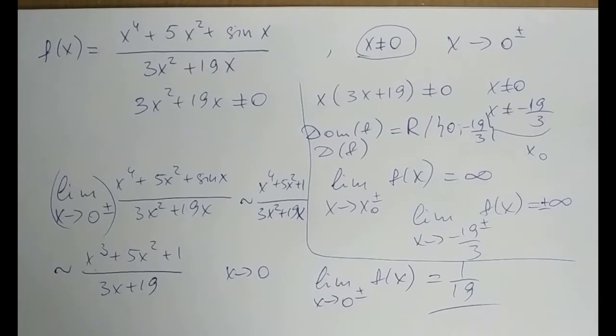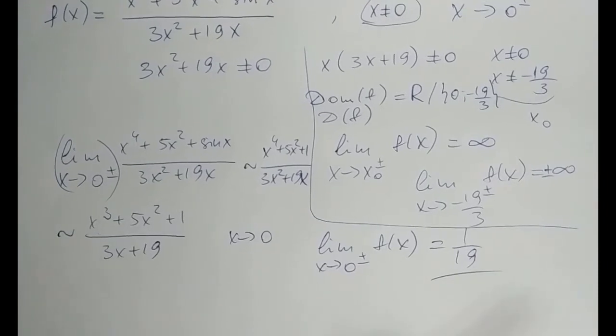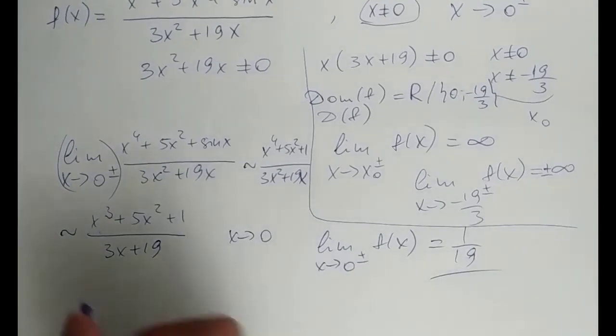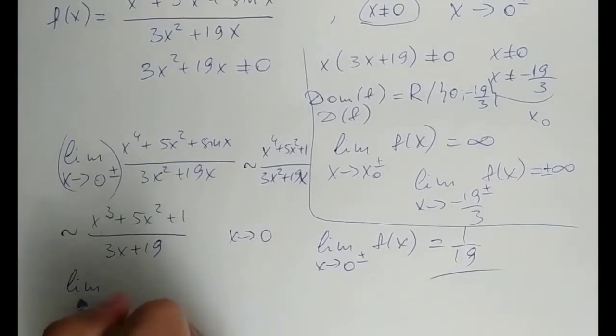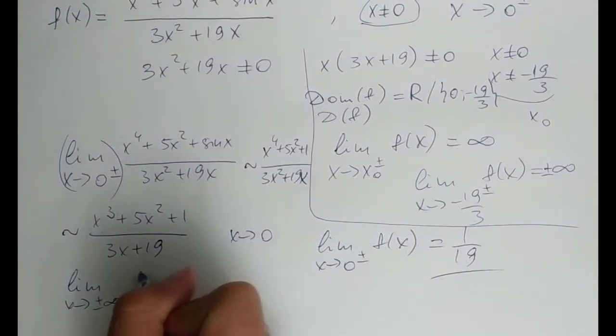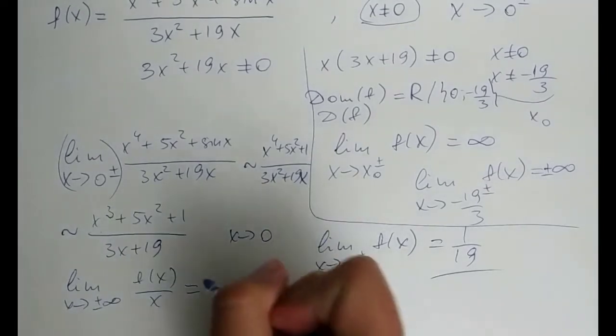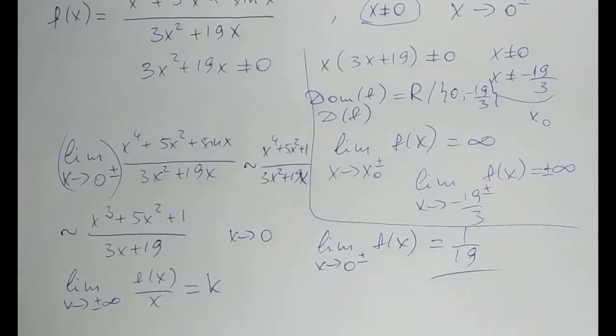The last one is left or right asymptotes, as x tends to plus minus infinity. To find left or right asymptotes, the limit as x tends to plus minus infinity of f of x over x should be a finite number k, and then we can find the left and right asymptotes.